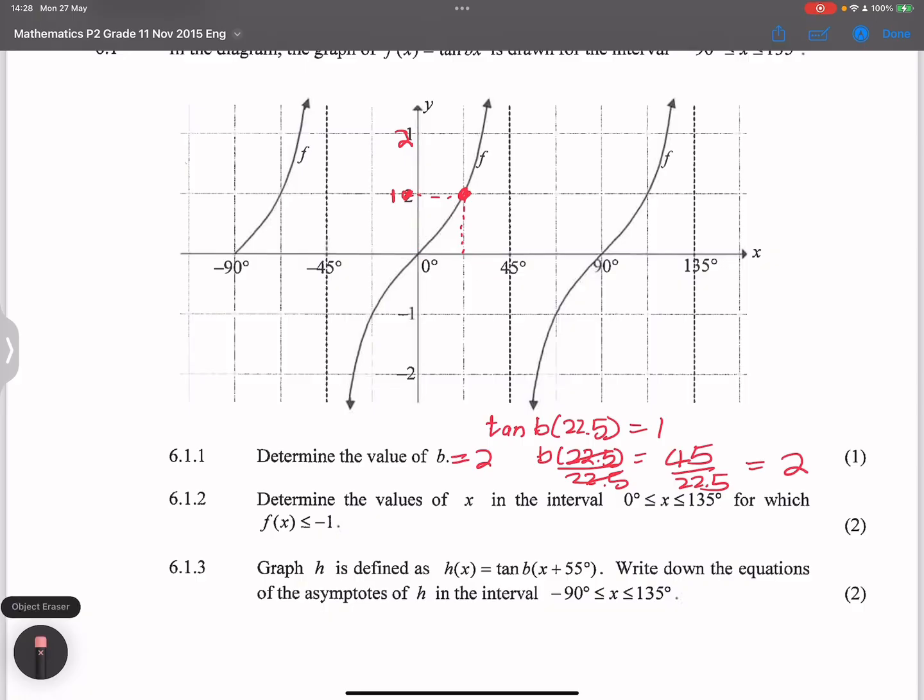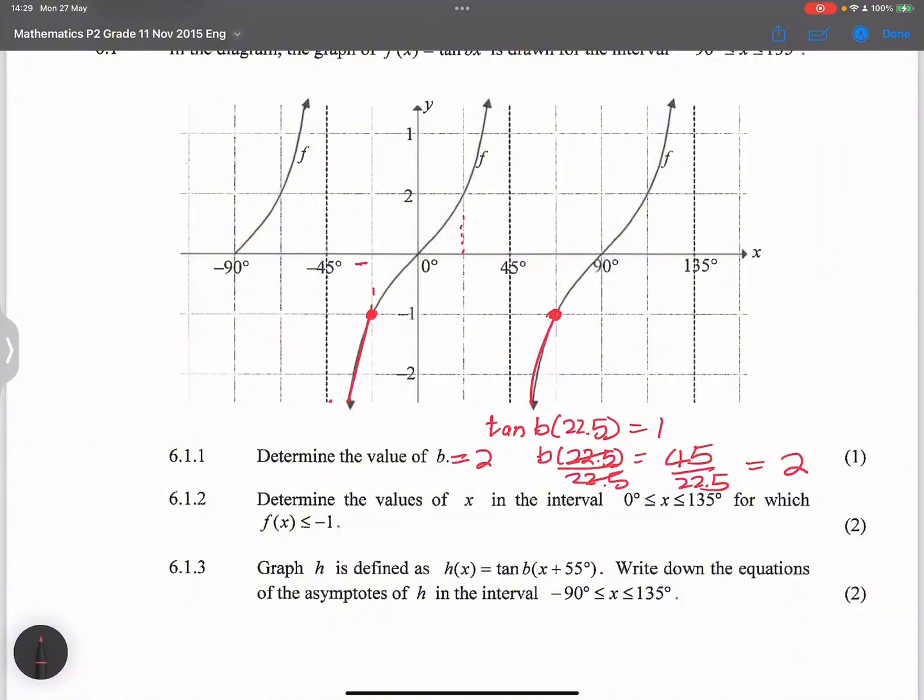Where is the graph equal to -1? So it's equal to -1 there, and it is equal to -1 there. Now, where is it less than? Right, so this would be less than -1. This would be less than -1, right? So that means our graph would be less than -1 from the asymptote -45 all the way till this point here, which is going to be halfway between 0 and -45.